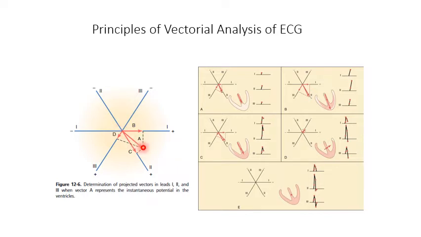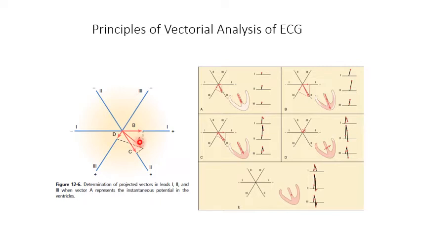So in this graph, the triaxial reference system, we have the lead 1 axis, lead 2 axis, and lead 3 axis. In this corner we have the cardiac axis, and it's called A here.